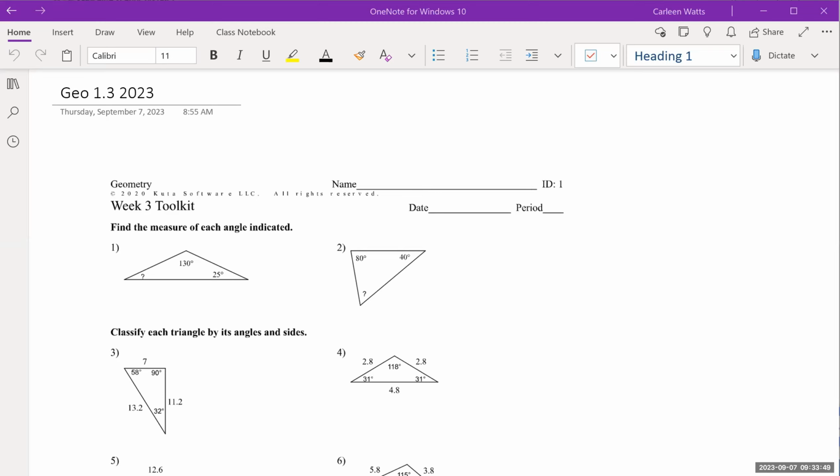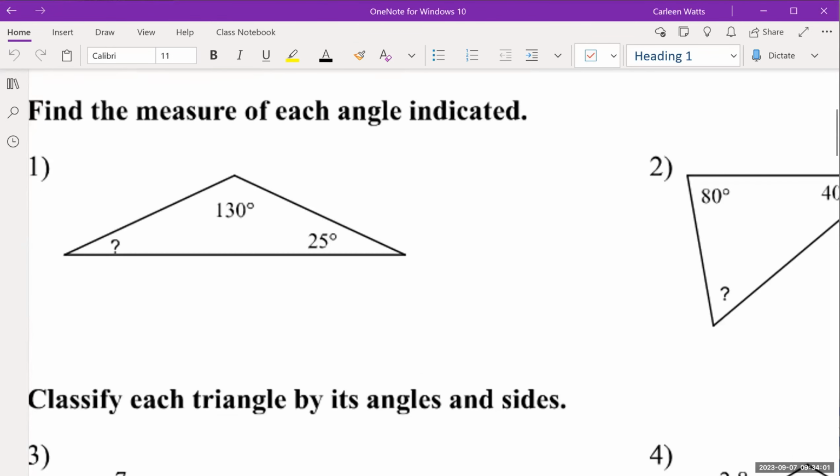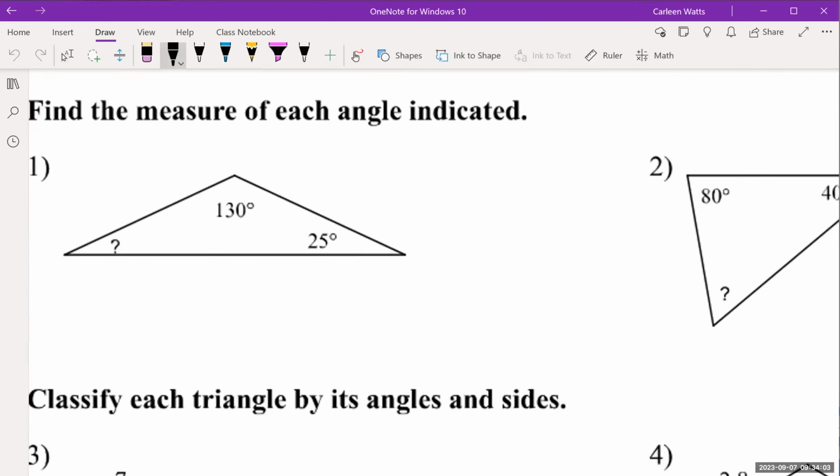Okay, enough about me. Let's dig in to week 3. All right. So, number 1, hopefully in your lessons, you have learned a theorem that the sum of the 3 angles of a triangle.